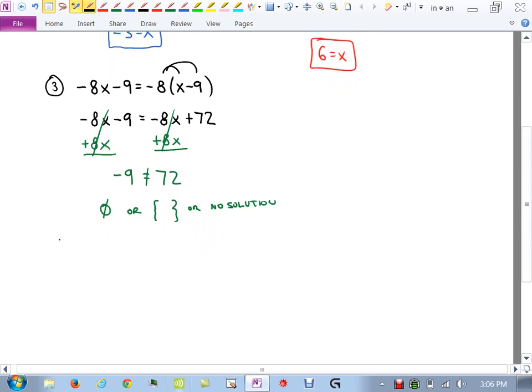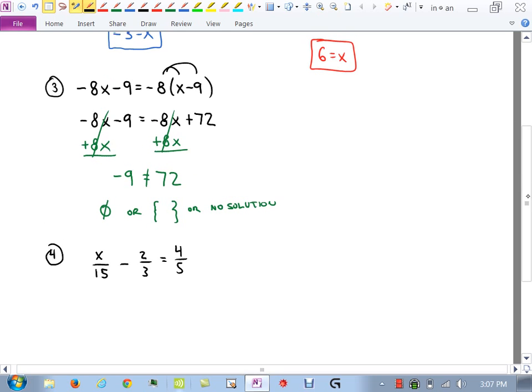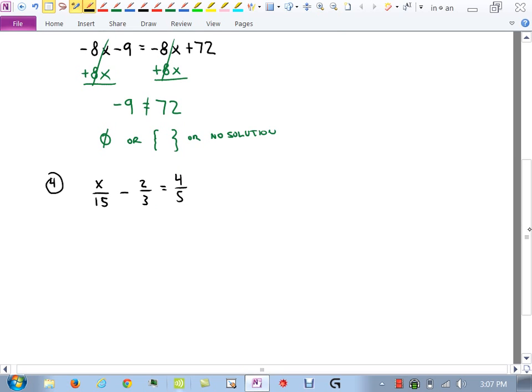All right, number 4. x over 15 minus 2 over 3 equals 4 over 5. So what I'm going to do here is, I don't have any grouping symbols or anything like that, so I'm going to clear the fractions. I find an LCD. I'm looking at the denominators 15, 3, and 5.